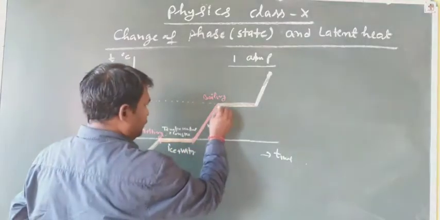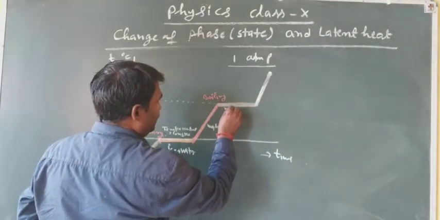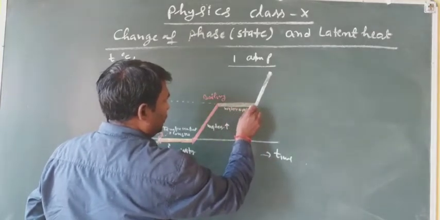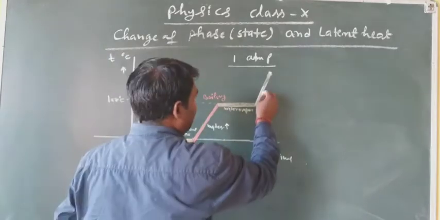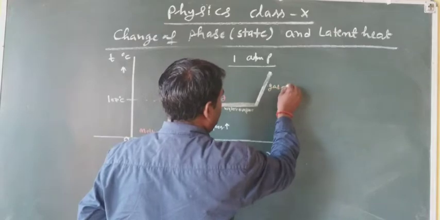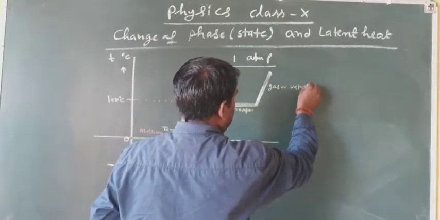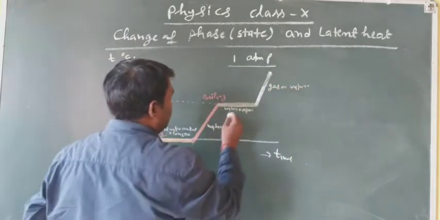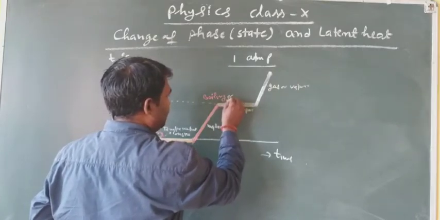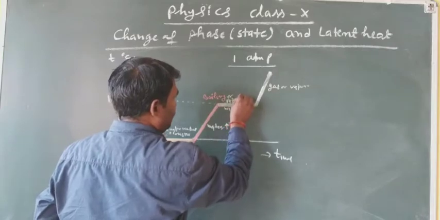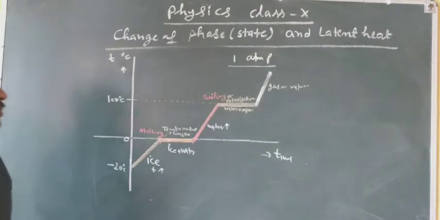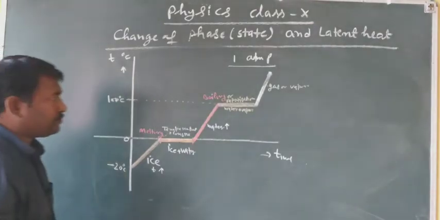Now this is water, here water plus vapor. Here it is the gaseous state, or vapor only, gas or vapor. Now here this process is boiling or vaporization, okay, boiling or vaporization.